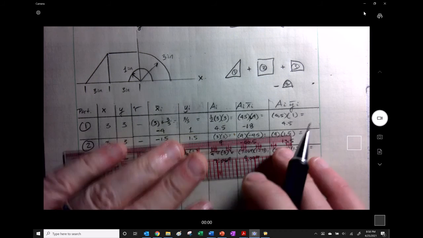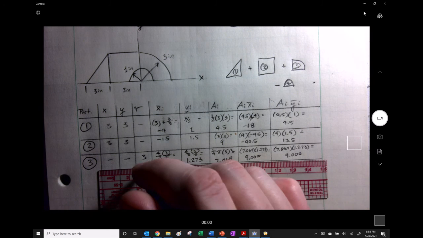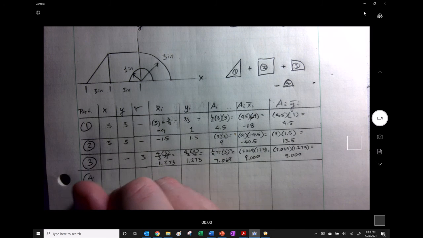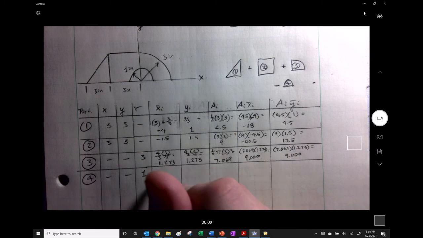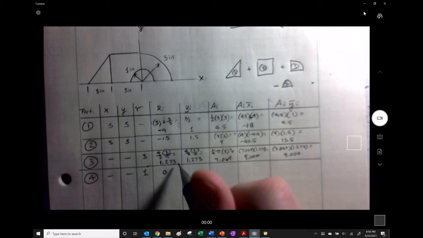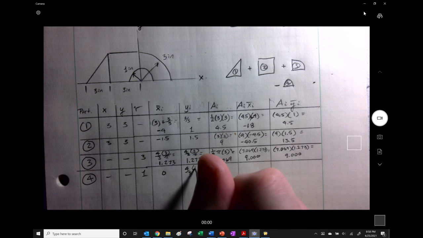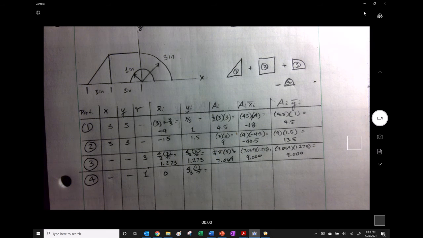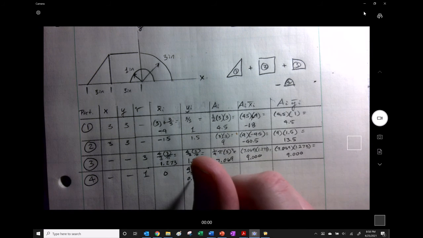And then the last one, we're going to subtract out a semicircle. So now it's just 1. The center of that is actually at 0. Y is going to be positive 4 over 3 pi, or 4 divided by 3 divided by pi, 0.4244.